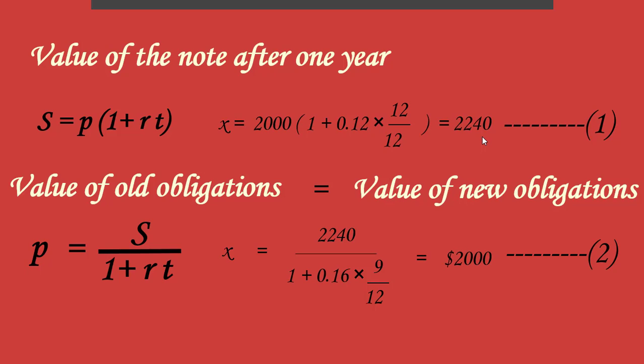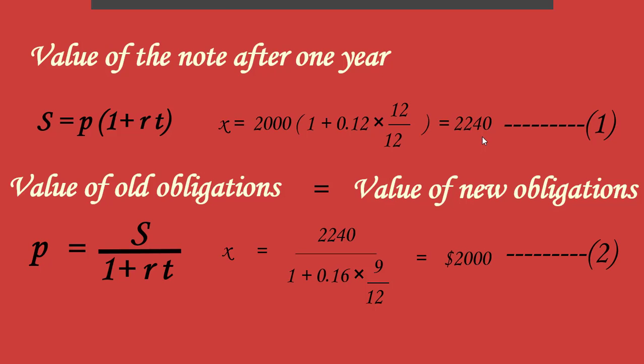By using formula, value of old obligations equal value of new obligations, V equal S over 1 plus RT. So X equal 2,240 over 1 plus 16% times 9 over 12.